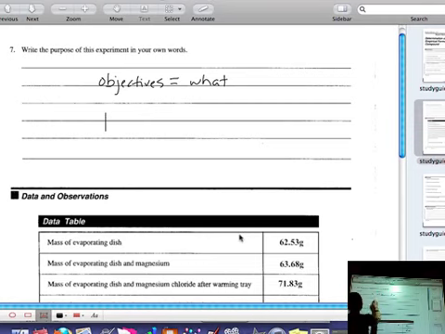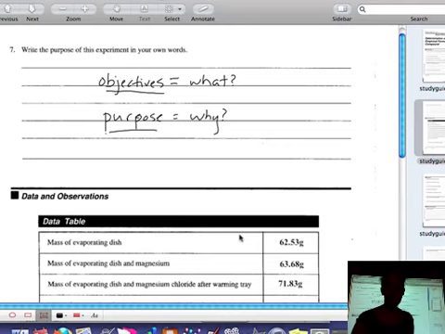Purpose for me is why. So you want to look at objectives, compare that to purpose, and hopefully you guys can come up with something like that, knowing that I'm trying to help you learn about moles and learn how to use this stuff and not just be able to for an exam. Okay, so I want you guys to learn. So think about how the objectives help you with a purpose.